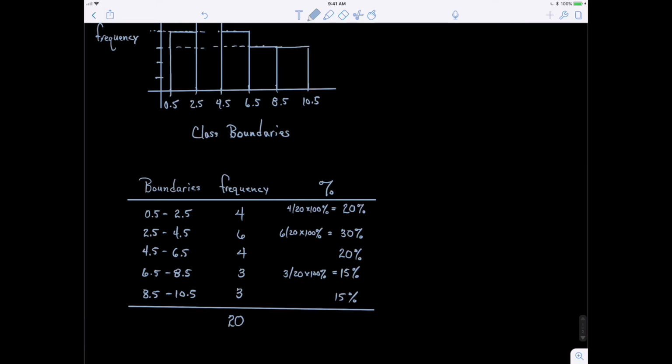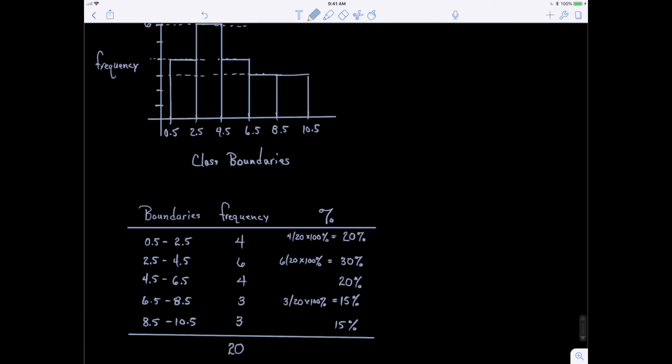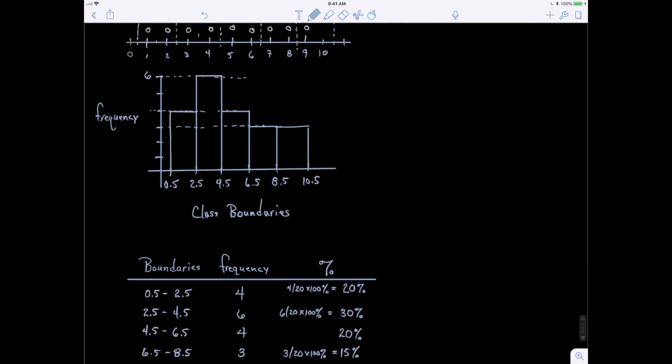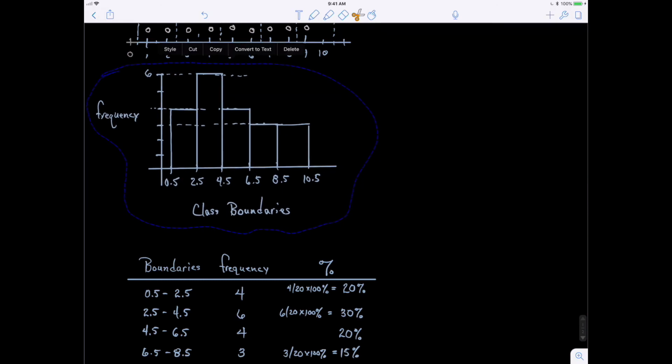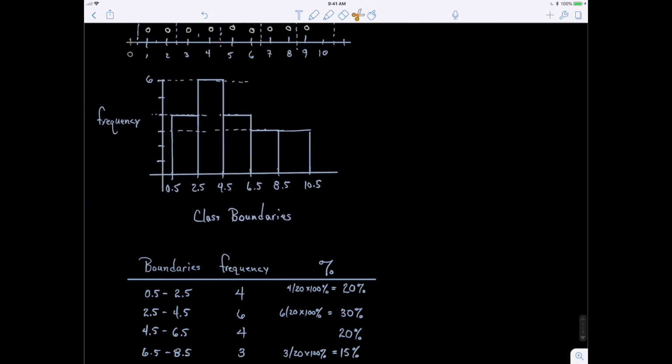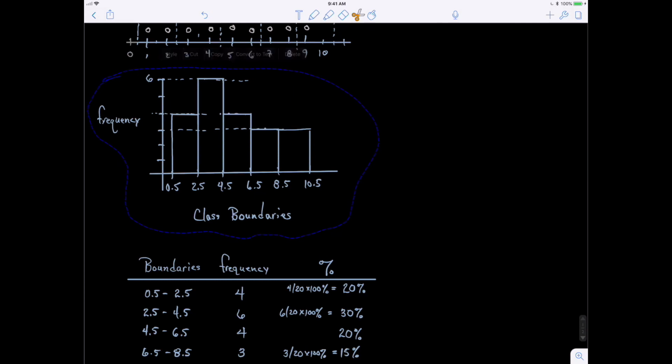Now, at this point, what we want to do is take a look at what we can do with this data. So there's quite a few things. The first one is this. If I was to ask, I'm going to grab my picture here. I'm going to need my picture here. Copy. So I'm going to put it back. Copy that.